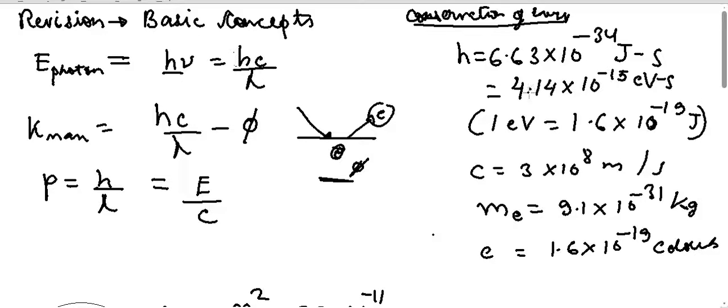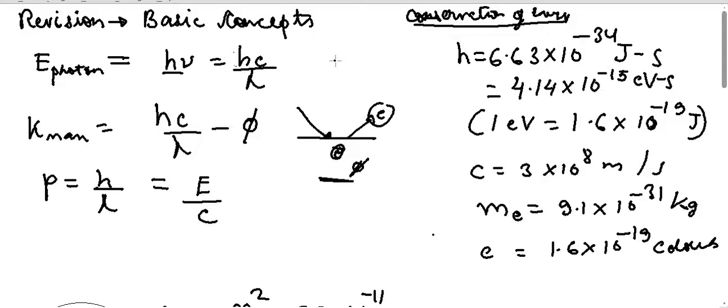So in atomic physics or modern physics, instead of using the SI unit, many times for energy we use the unit of electron volt. What is the electron volt?